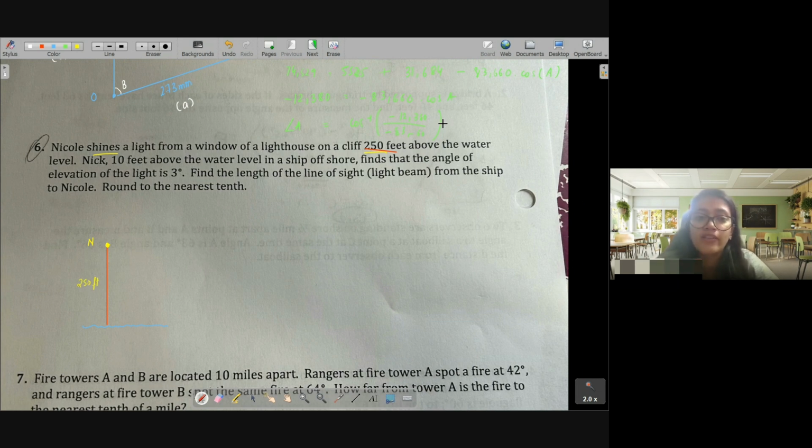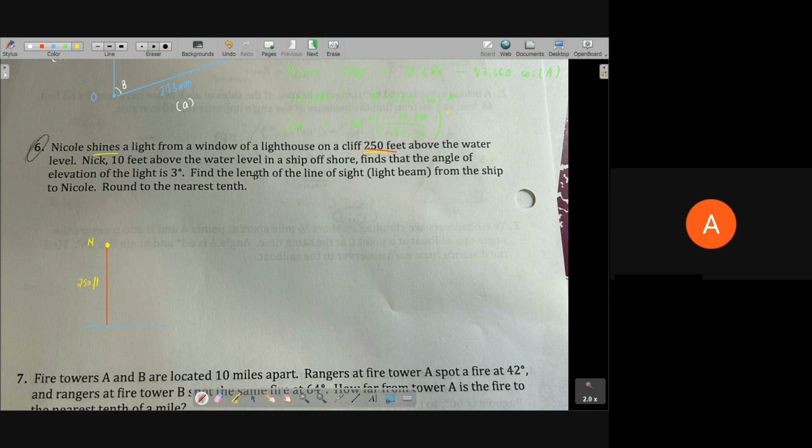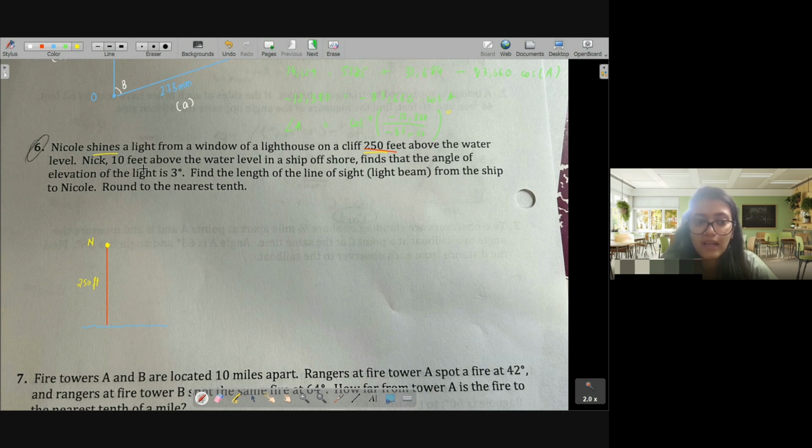And remember, in the final answer, if it is an angle, the answer will be in degrees. But if you have to find the length of a side, then don't forget to write the units. Then there is Nick, 10 feet above the water level in a ship offshore, who finds that the angle of elevation of the light is 3 degrees. Now you have to draw Nick 10 feet above the water.